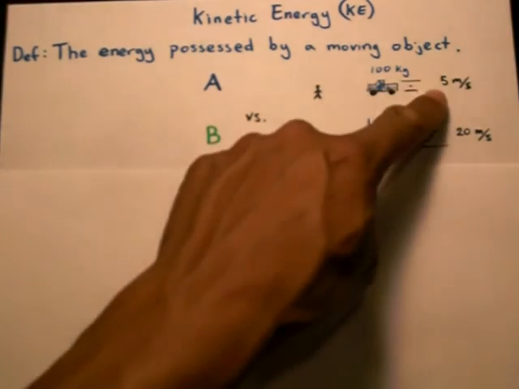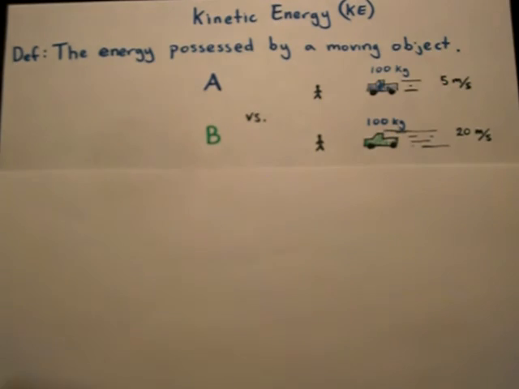Vehicle A is going at 5 meters per second. Vehicle B is going at 20 meters per second.